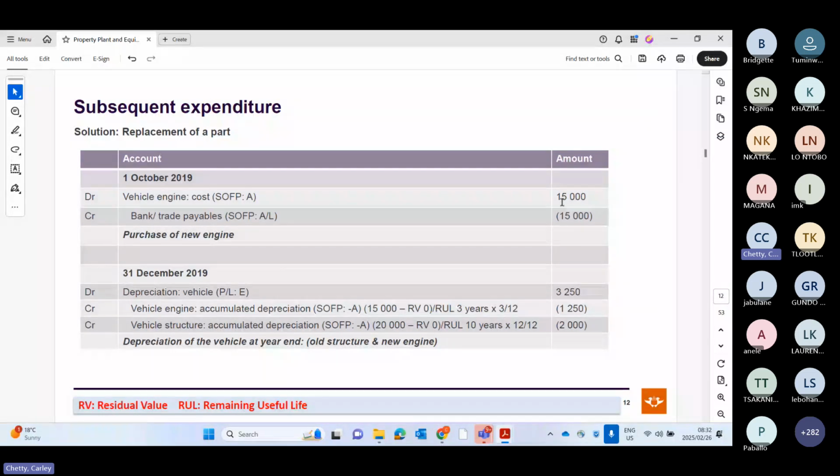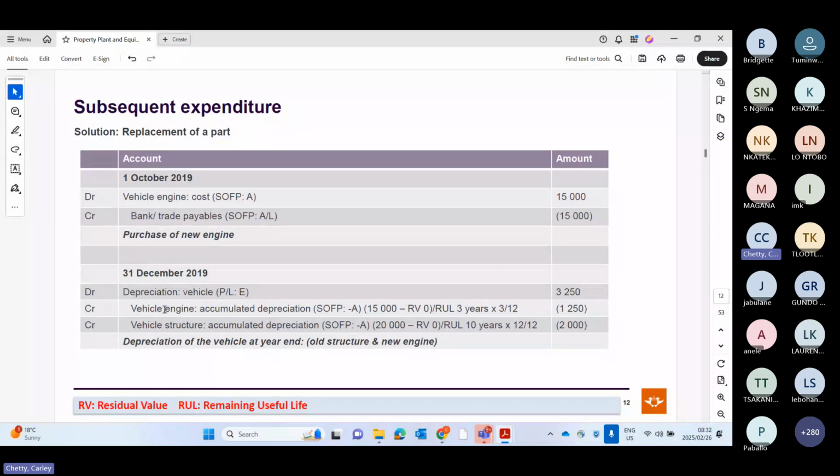Because the new engine was purchased partway through the year, on 1 October, we need to depreciate this engine for those months. So if we count October, November, December, that is 3 months. Now we need to work out what is the depreciation relating to this engine cost. So we are going to depreciate the engine.